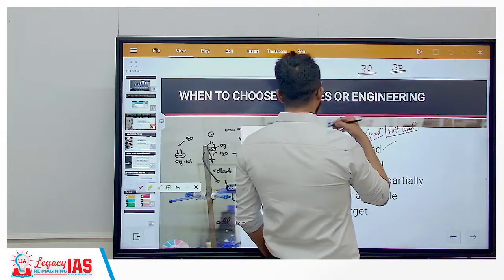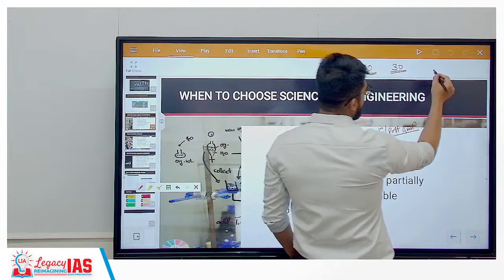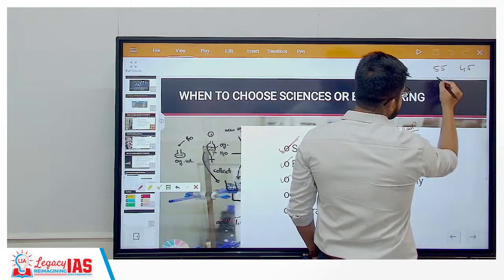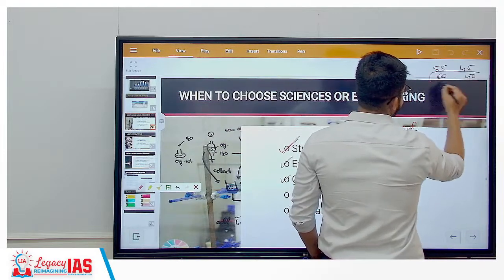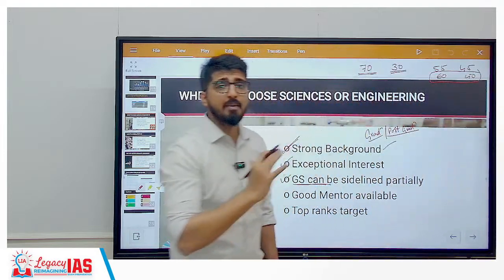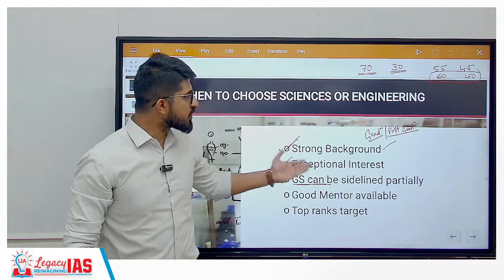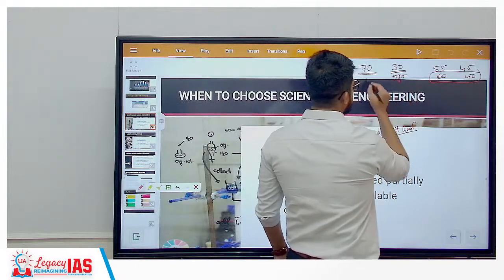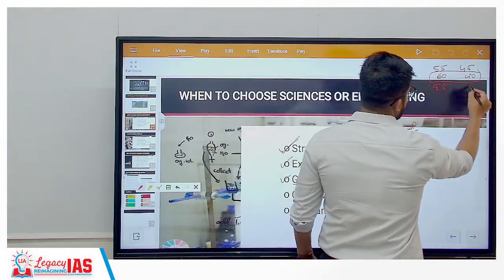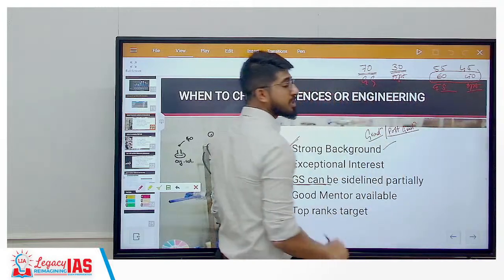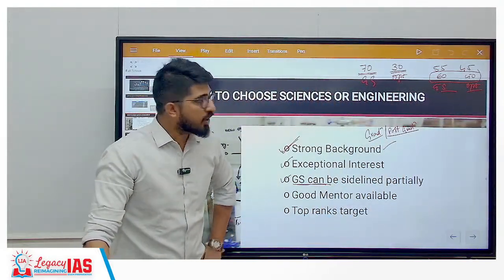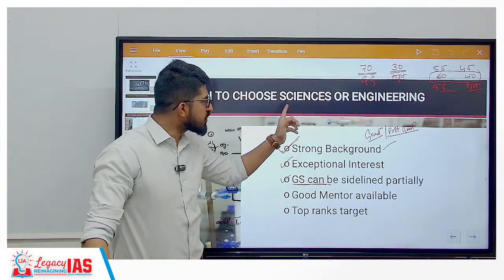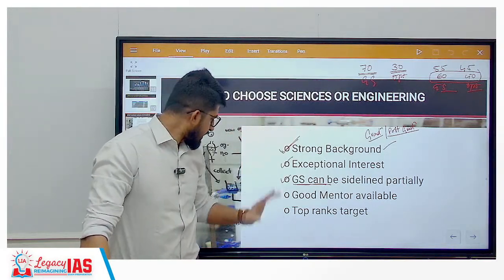When it comes to sciences, it should be somewhere around 55-45 or even 60-40. This is how the split should be between optional and GS. More time should be dedicated to the optional if you are choosing sciences or engineering.